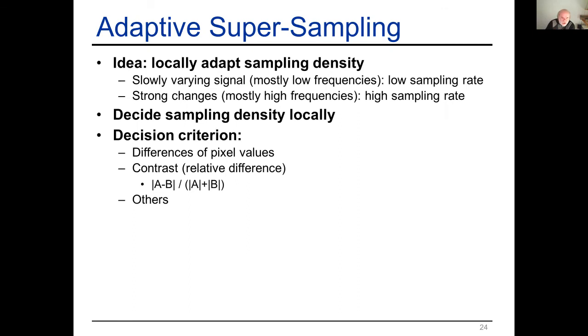And they are not only looking at the absolute differences, but at the contrast, so the relative difference between pixel values. Also, instead of going to black and white, you can do a color contrast or color differences. We don't typically want to do this in RGB. We'll come back to how to compute differences in color when we talk about color spaces a little bit later.